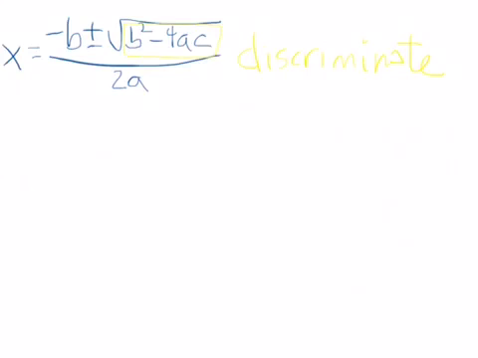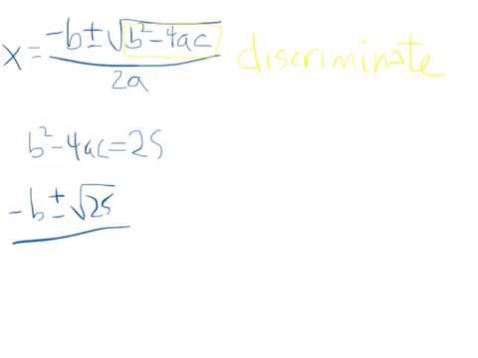So taking a look at this discriminant, there are times when it equals a perfect square. Let's say it ended up equaling 25. So if that were to happen, I would have some value plus or minus the square root of 25 over some value. And notice that the square root of 25, I can calculate that. That's just plus or minus 5.